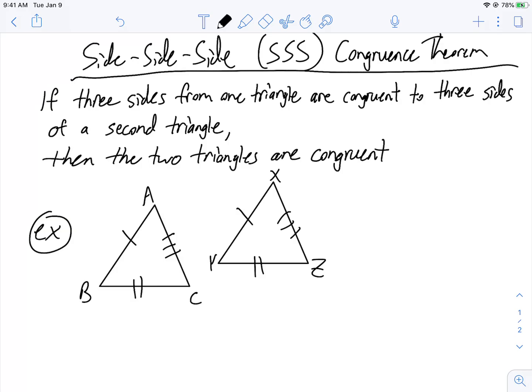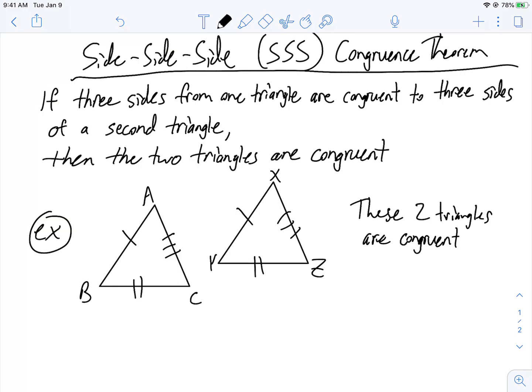If we were asked, is there enough evidence to prove that these two triangles are congruent, we would say yes. These two triangles are congruent.